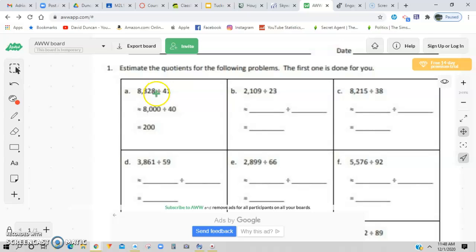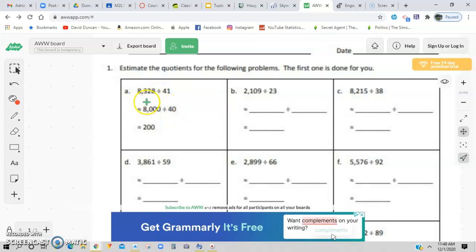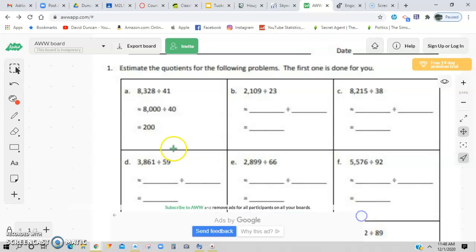Well, 8,328, I know that 4 can go into 800 or 8,000, so I'm just going to round this to 8,000. Then I'm going to cross out the zeros that they share. 8 divided by 4 is going to get me 2. There are 2 zeros left in the problem, so I'm going to have 2 zeros left, and my overall answer is going to be 200.